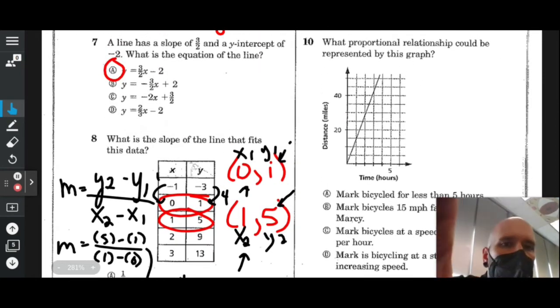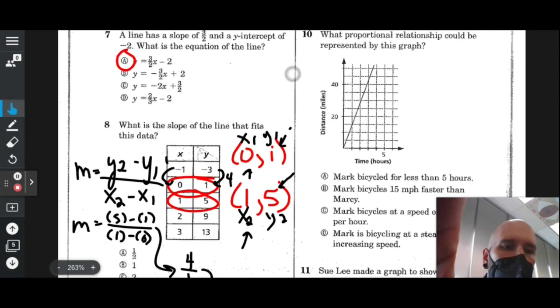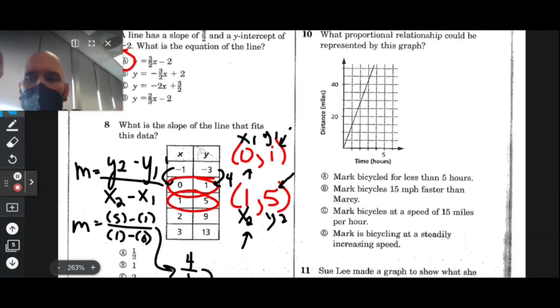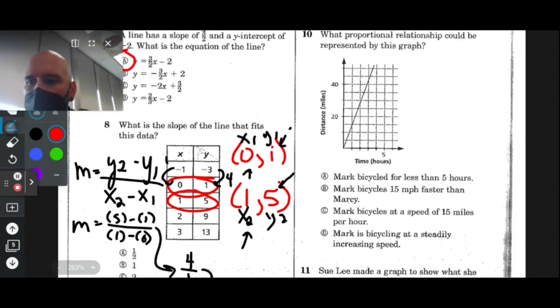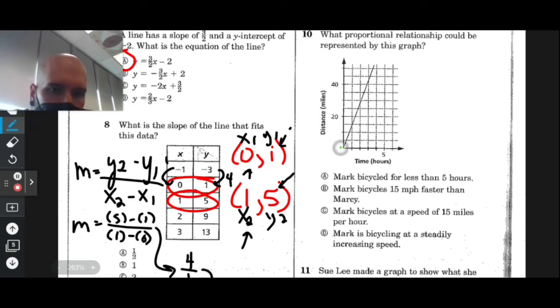What proportional relationship could be represented by the graph? Remember, proportional means it goes through (0, 0). This guy goes through (0, 0). I'm just going to keep saying that phrase because I feel it's not said enough. So what's going on here? Some dude is riding his bike a certain amount of time. Before I even look at the options, it looks like every block moving up is 5.